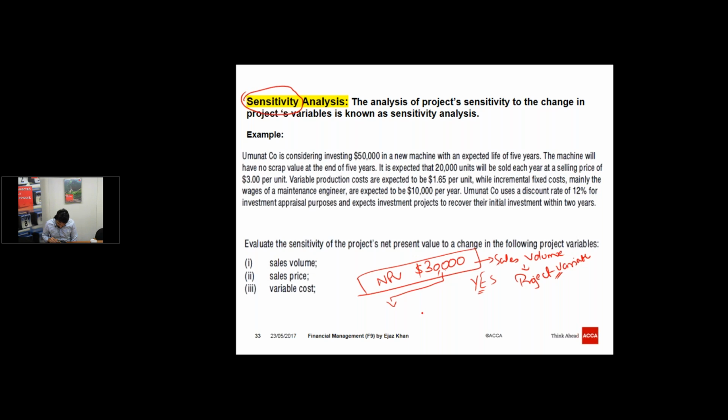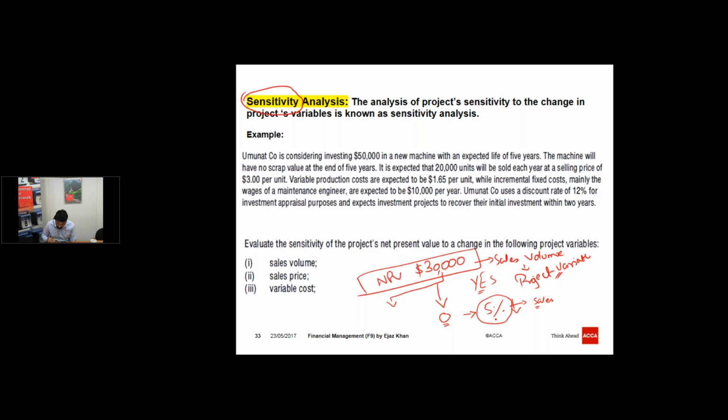Say, for example, if I ask you how much fall in sales volume will make this NPV zero, and you say, sir, a 5% fall in our sales volume will make this NPV zero. This 5% is actually the sensitivity of the project towards the sales volume or sales price, whatever.